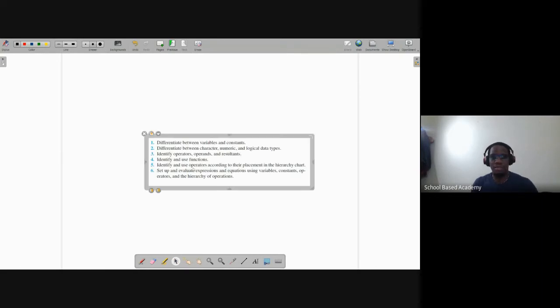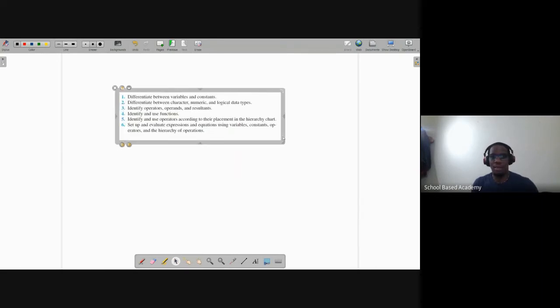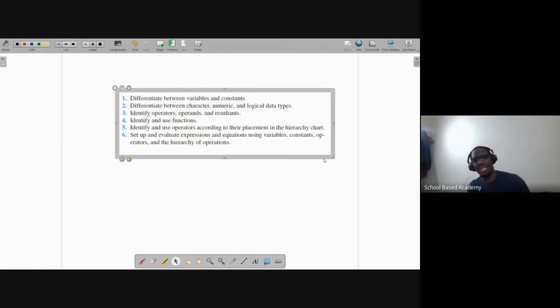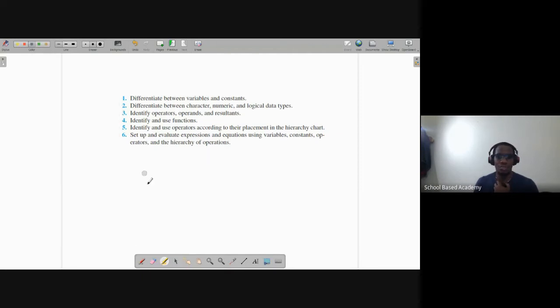We want to take a look at knowing the difference between variables and constants. We'll take a look at the different data types that there are. We're going to take a look at operators, operands, and resultants. We're not going to talk too much right now about functions, so I'm going to highlight that in red and take that off.